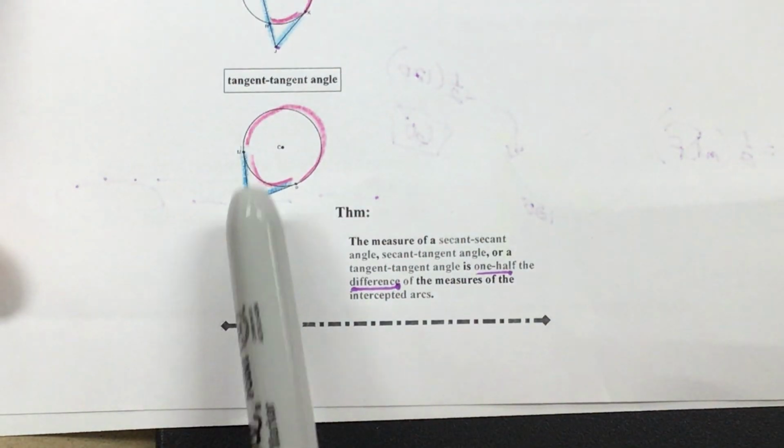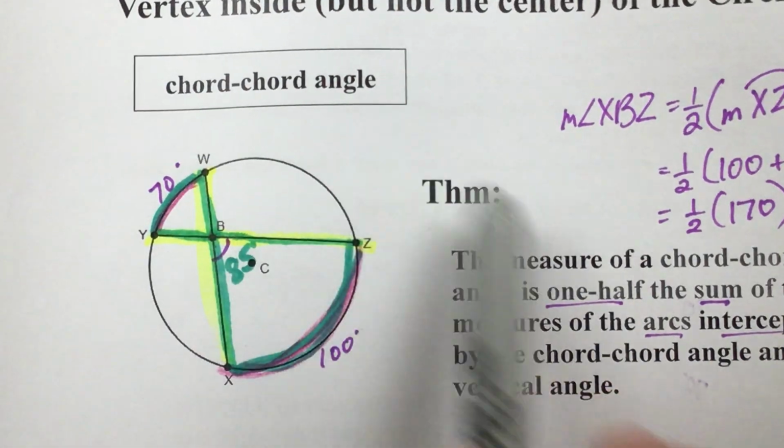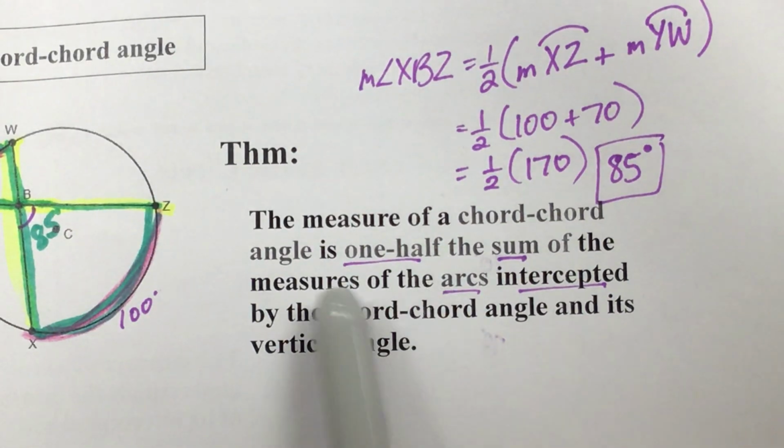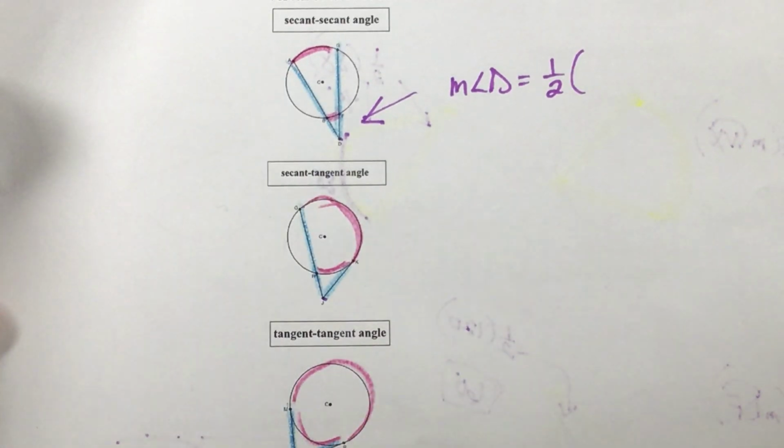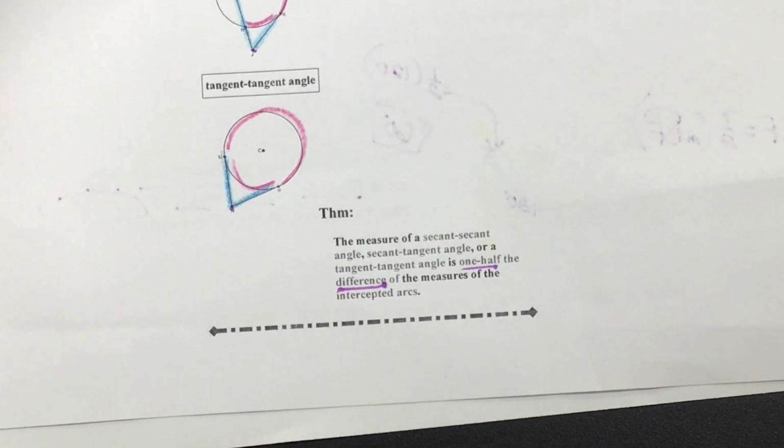So anytime the vertex, like it says here, is outside the circle, to find the measure of the angle, it's half the difference. So if it's chord-chord, it's half the sum, right here. If the vertex is outside the circle, one of those three, it's going to be half the difference of the intercepted arcs.